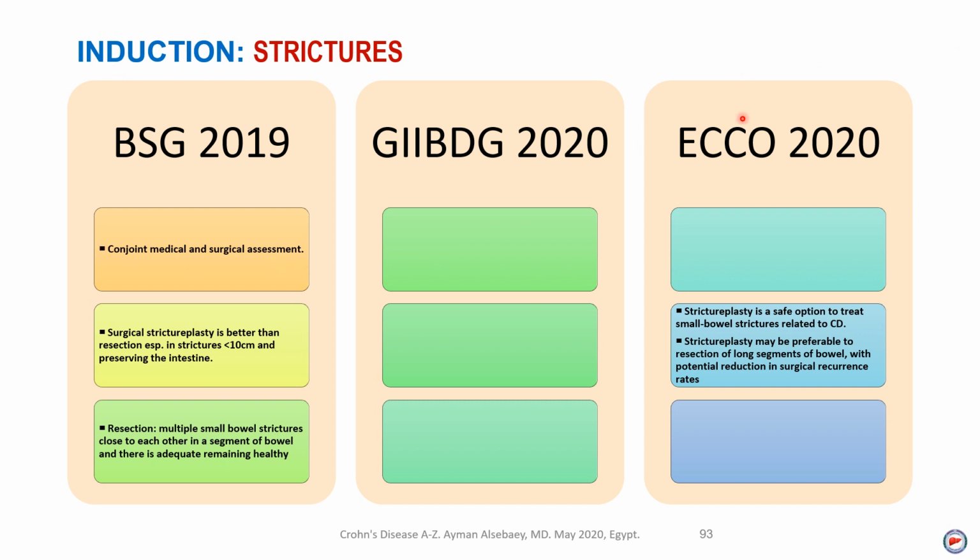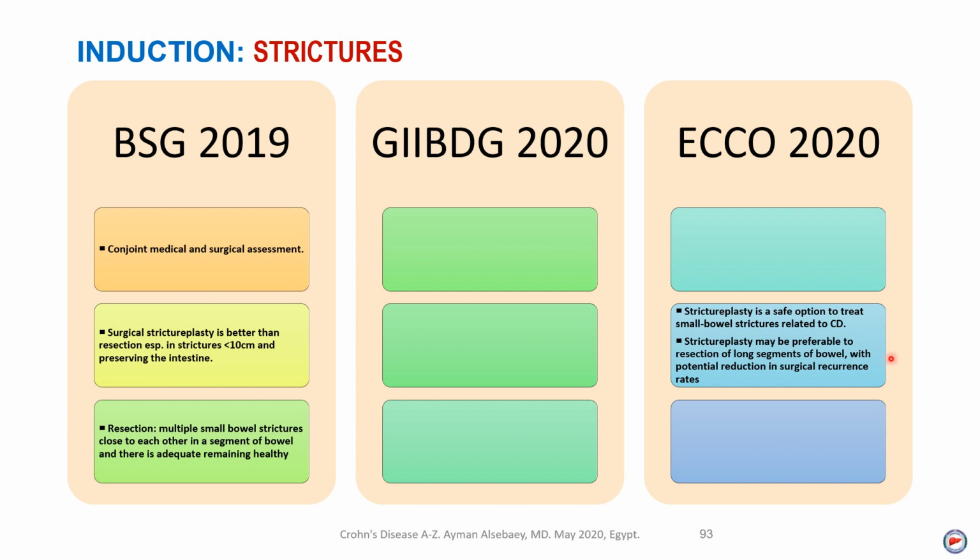When you find a stricture, you should do a conjoint medical and surgical assessment. Strictures can be treated surgically or endoscopically, but there are criteria for endoscopic treatment and criteria for surgical treatment.